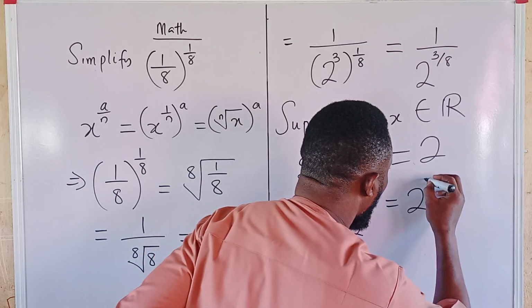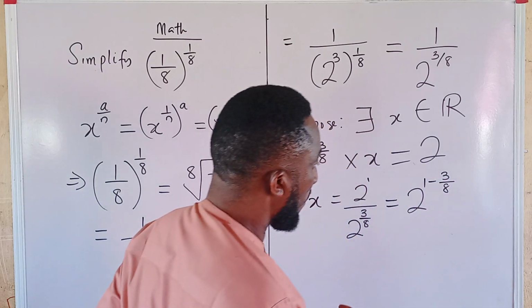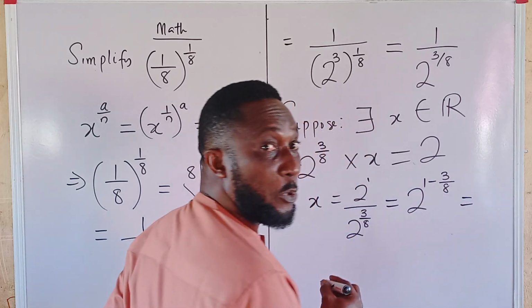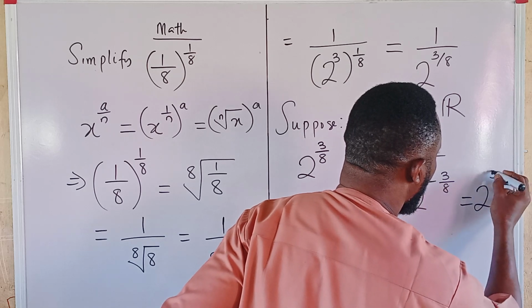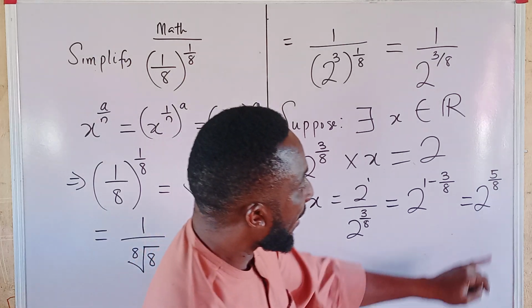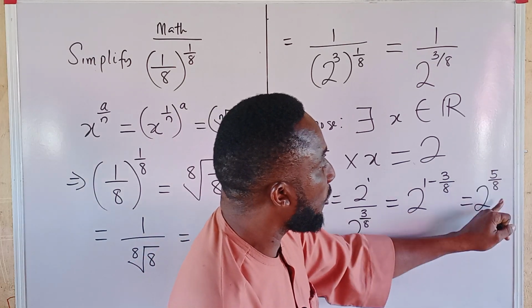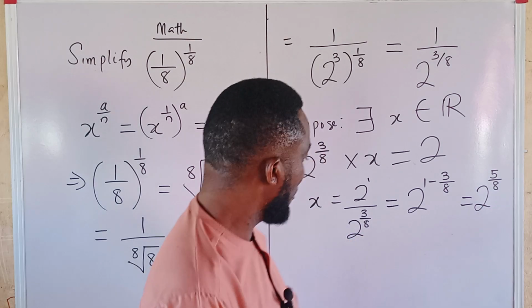That becomes 1 minus 3 upon 8. If I remove 3 upon 8 from 1, I'm going to have 2 to the power of 5 upon 8. So, guys, this number 2 to the power of 5 upon 8 is now my rationalization factor.